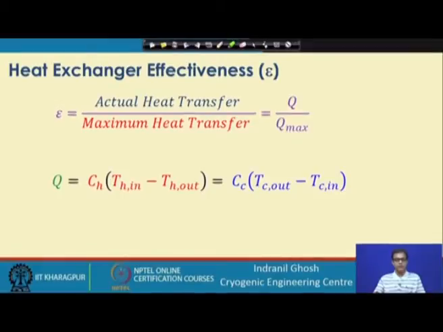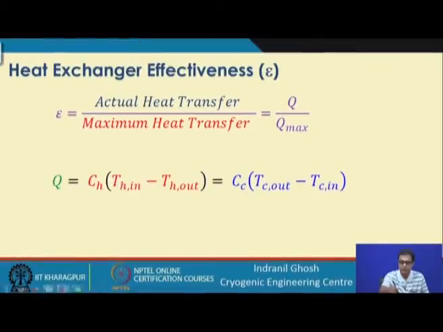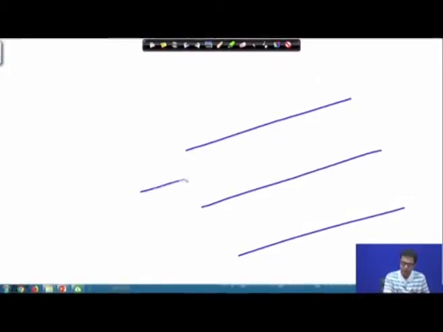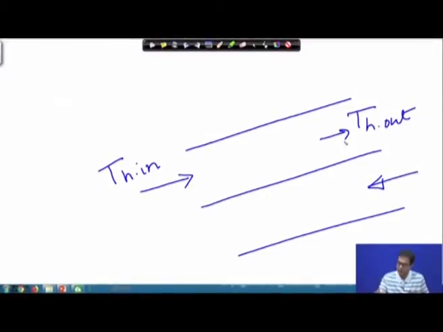Now, what is the actual heat that is getting transferred? If we look again into that heat exchanger configuration, we will find that the hot fluid is changing its temperature from T H in to T H out, whereas in the counter current configuration this is T C in and this is T C out.